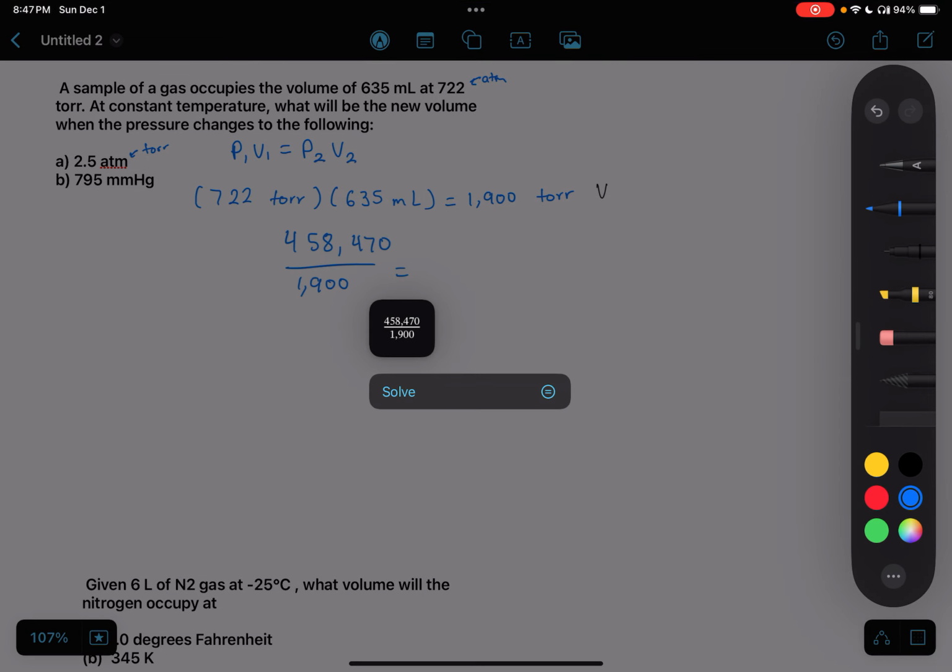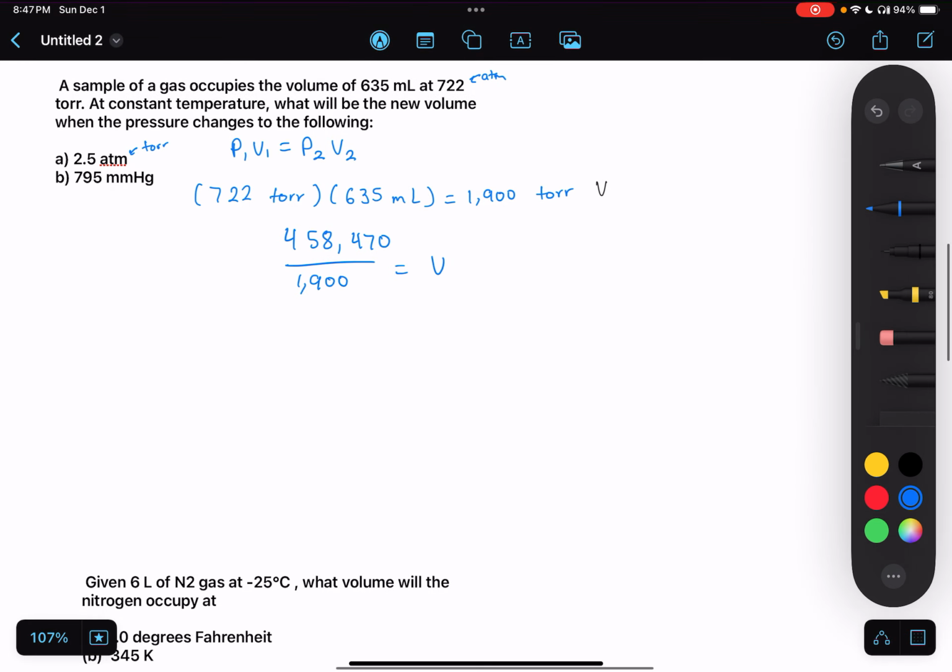That should give me the volume. Okay. I got 241.3 milliliters. That's my volume 2. So we went from 635 milliliters to 241 milliliters.